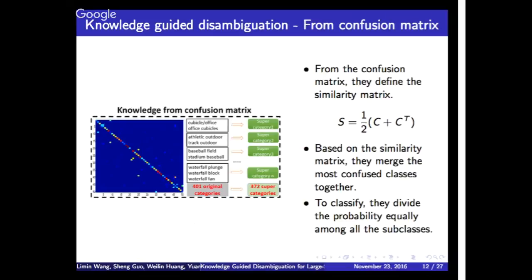So they computed the similarity matrix, defined a threshold, and merged the classes that were similar above that threshold together. To classify, they say they divide the probability equally among all the subclasses. They say this works. I'm not sure how they do this, because I suppose it would lead to ties, but they say this works and they got good results, so I cannot argue.